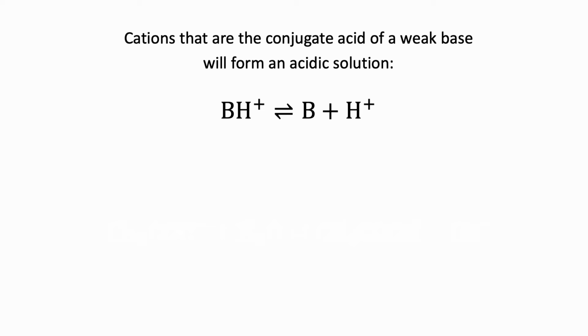Now, what if you have a cation that's the conjugate acid of a weak base? Well, remember that the conjugate acid is a protonated form of the base. That proton can dissociate to form the original base form and H+ in solution, and the H+ is what makes the solution acidic.